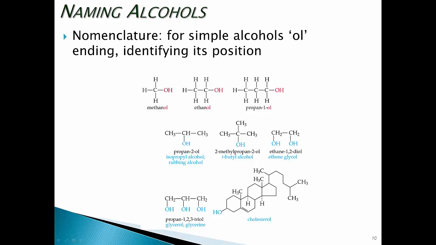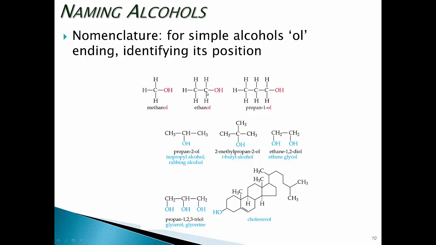Okay, so naming alcohols. Remember, the nomenclature for an alcohol has an OL ending, so we call them ols. Our most simple alcohol is methanol, so meth being one carbon, AN saying it's an alkane chain, and OL saying it's an alcohol: methanol.